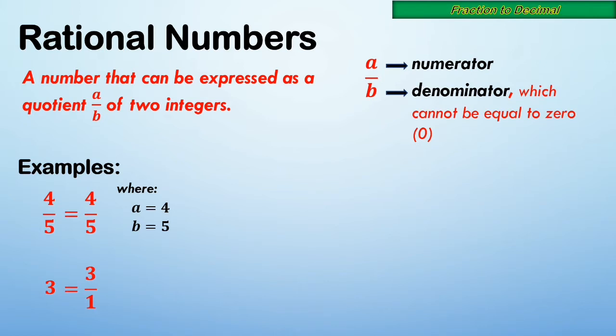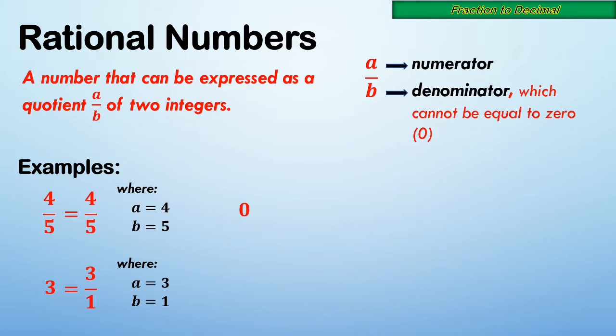Okay. Now, 3, which is equal to 3 over 1. Remember, lahat ng whole number, meron siyang denominator na 1. Laging tandaan, ang whole number ay may denominator na 1. Now, a is our 3 and b is 1.